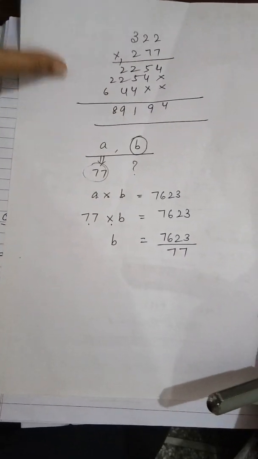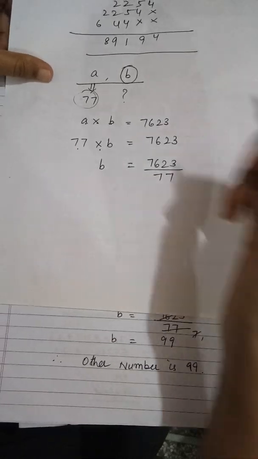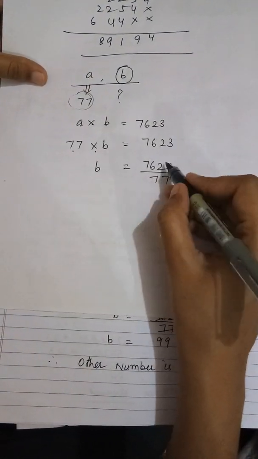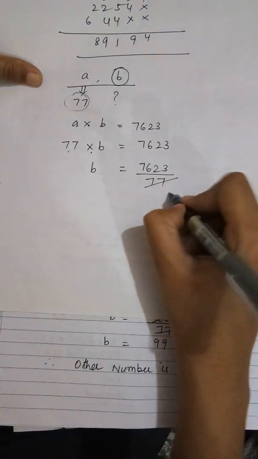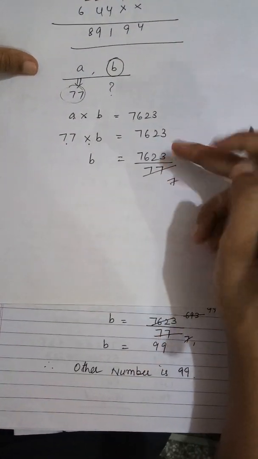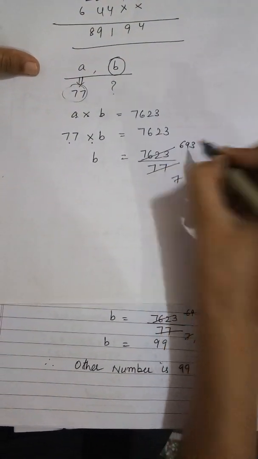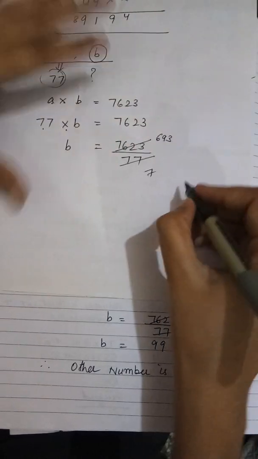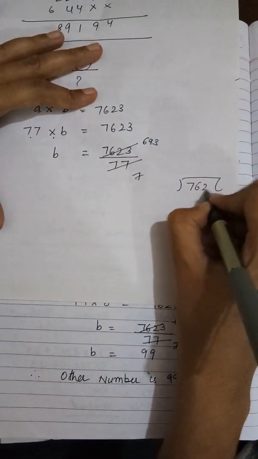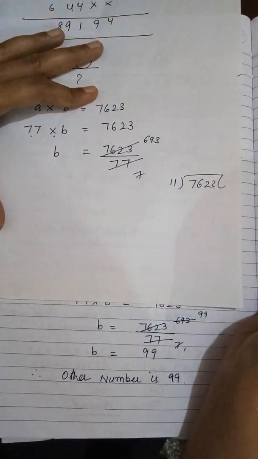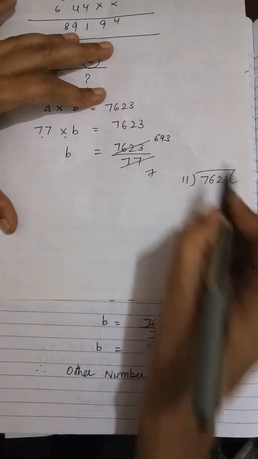Now let us see on what it is going to go. Firstly, we are going to cancel on 11. Let us cancel these two on 11. 11 sevens are 77 and this will go on 693. On the table of 11, when I divide 7623, I check, it will go on 693.